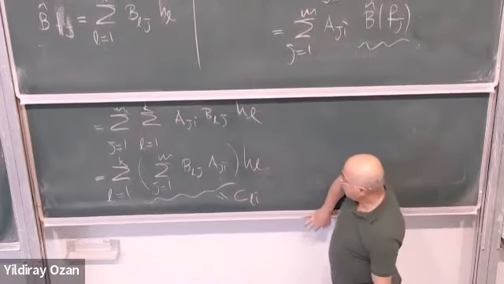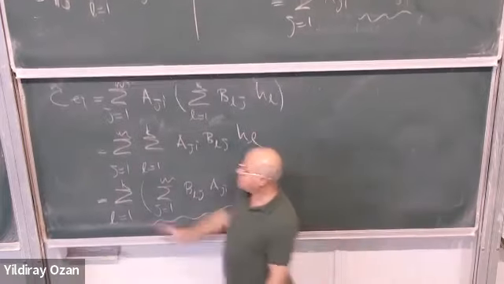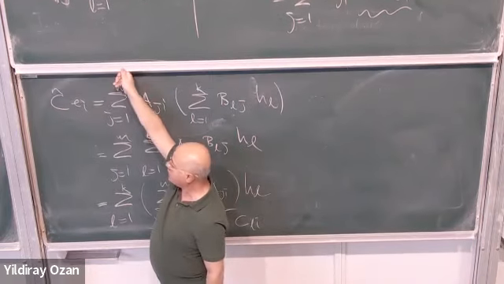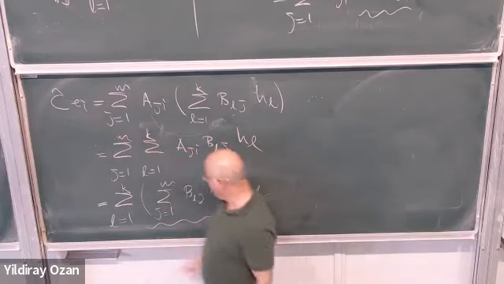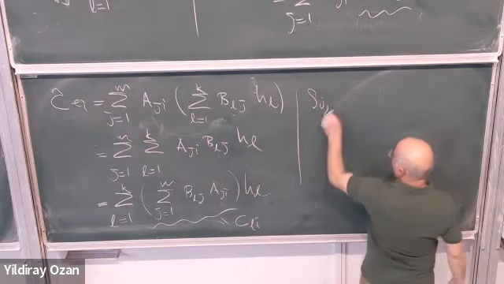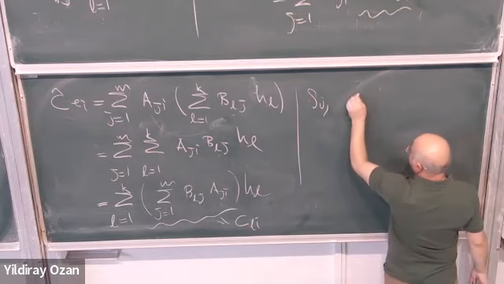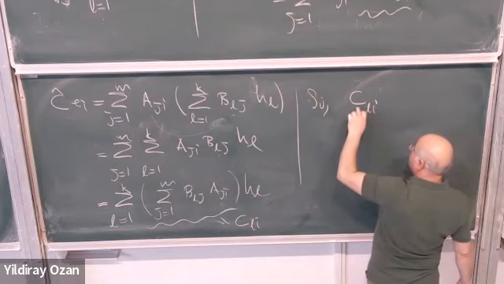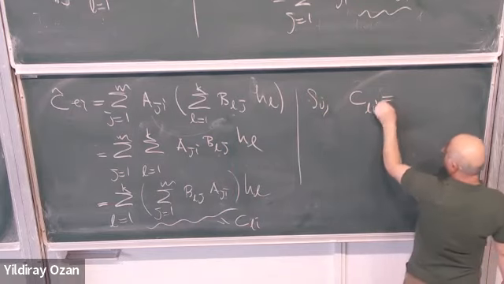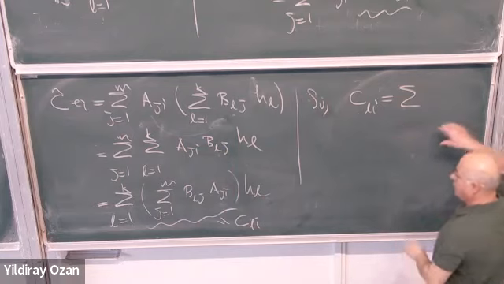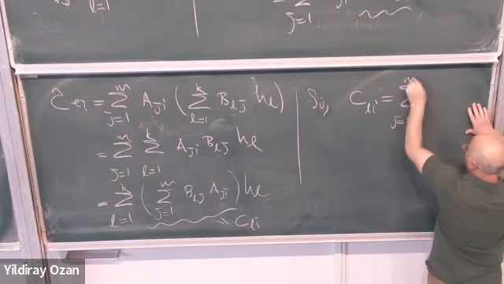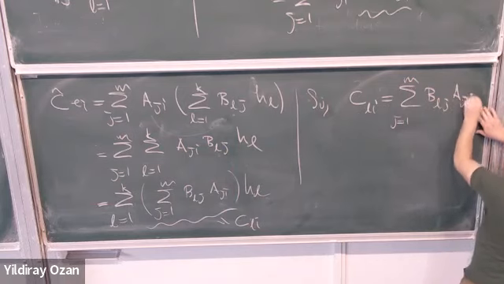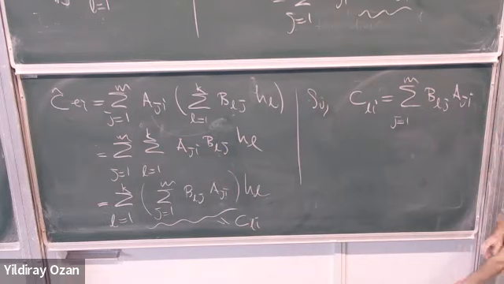Right? These coefficients, whatever they are, are just the coefficients of the matrix of the transformation C. So the conclusion is that the matrix representation of C has coefficients this, and this is nothing but the sum over J from 1 to M of B, L, J, A, J, I. So this means what?